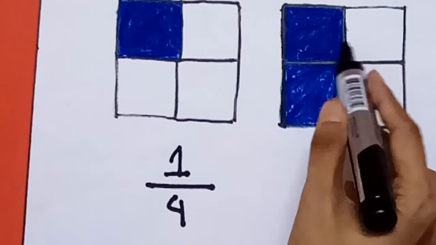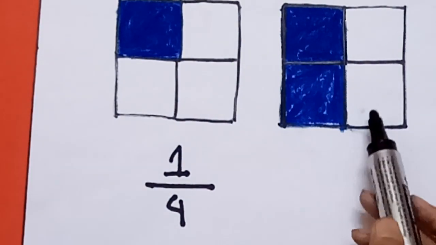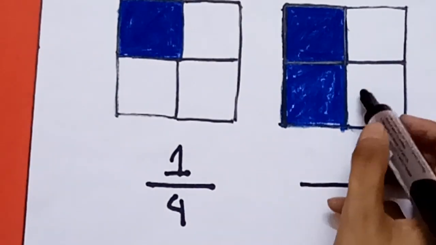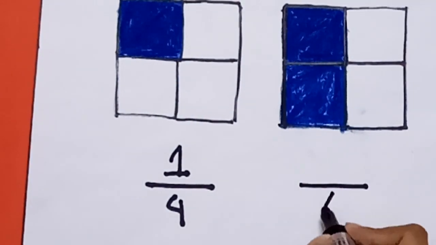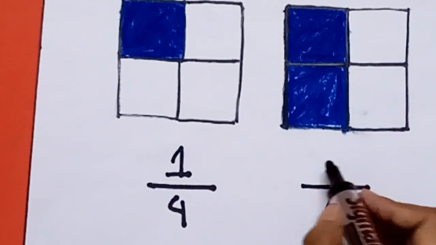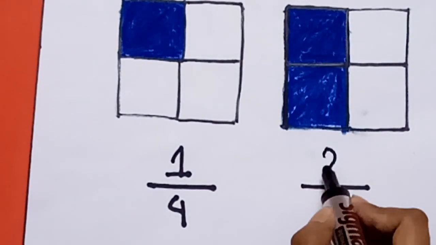Again, observing this, total equal parts 4, and shaded parts 2. That's why I am writing 2 here.